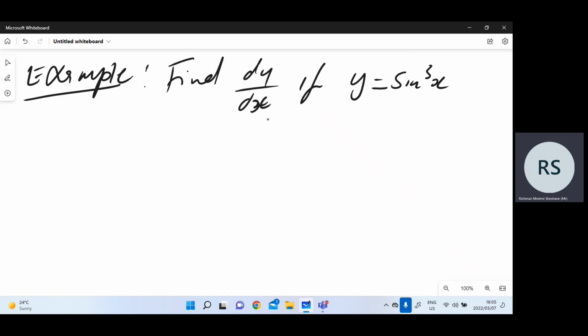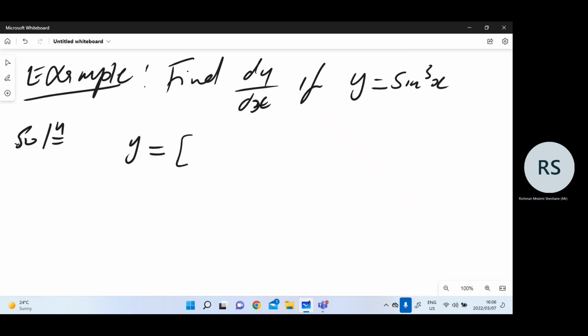I want to find dy dx if my y is sine to the power of 3x. So here I only know the derivative of sine, not sine to the power of 3. But as a solution, I can write this as y equal to sine of x all to the power of 3. This means the same thing, right?